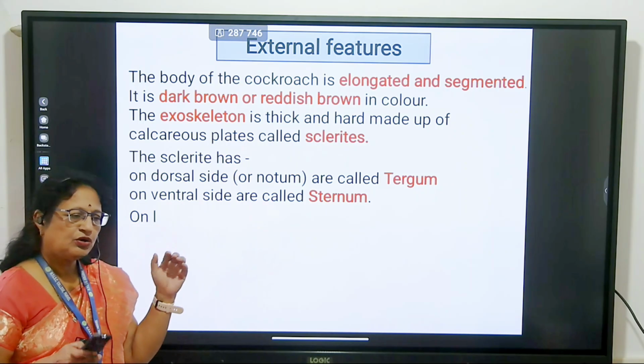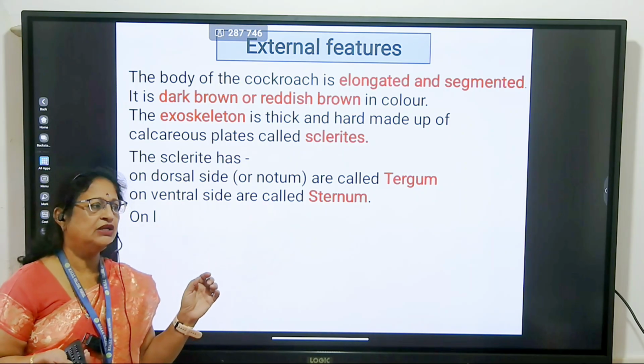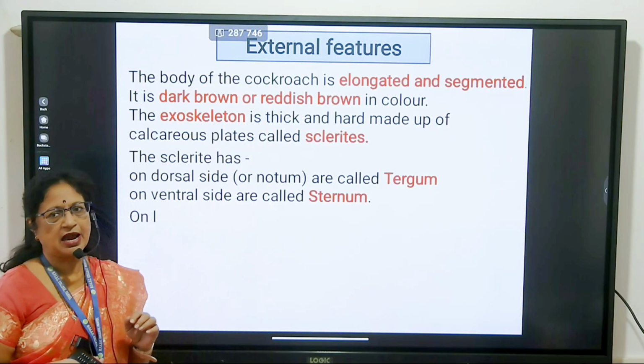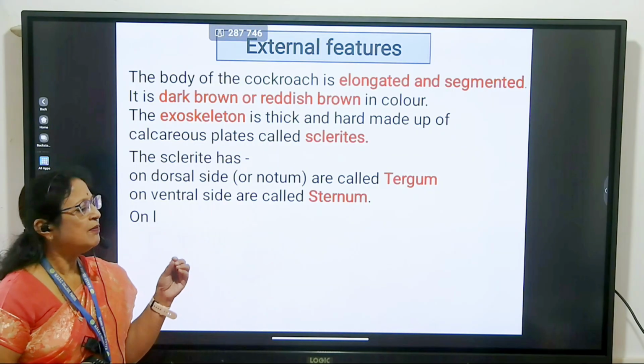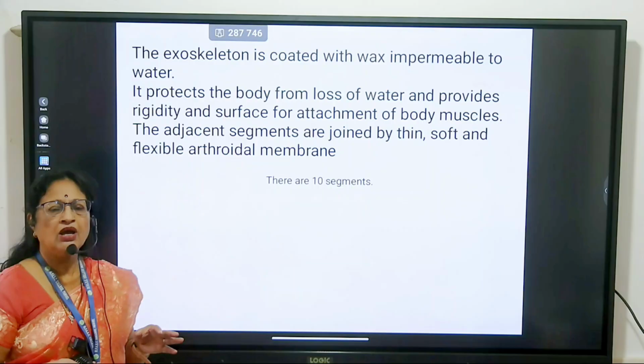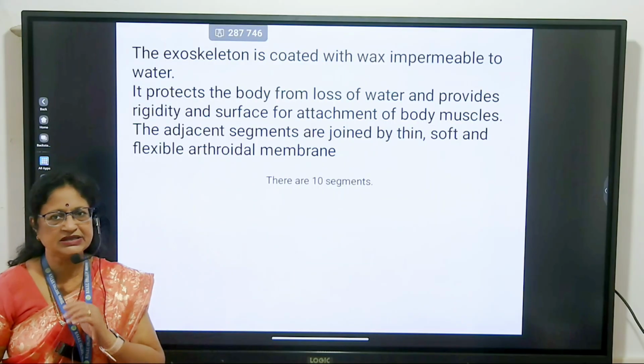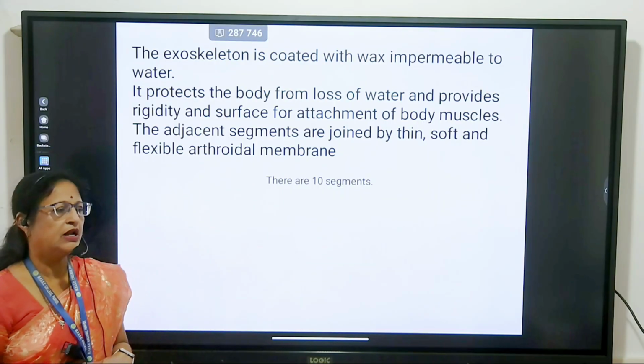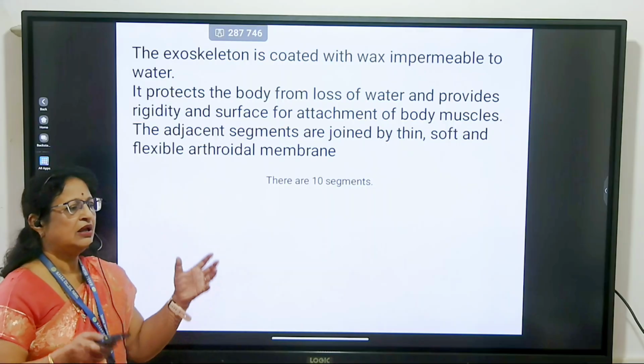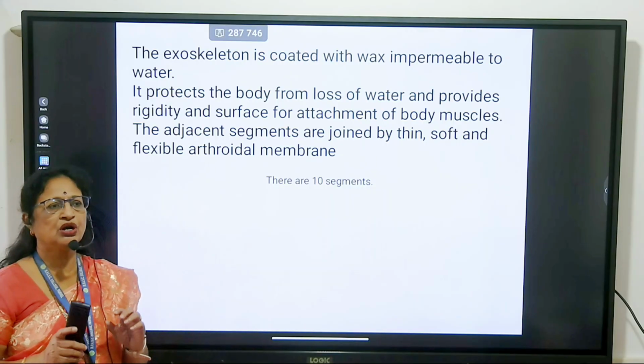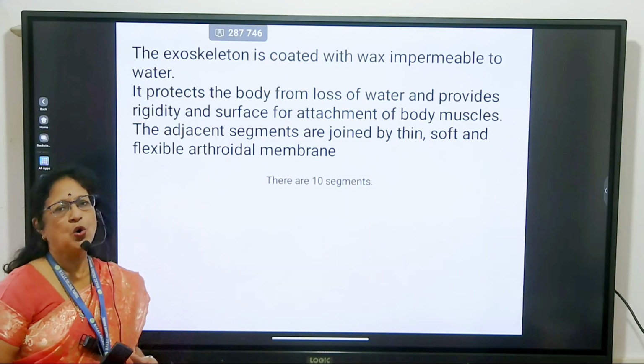Then two plates present on the lateral side are called pleuron. So overall there are 6 plates in the exoskeleton. These plates are all fused with each other, forming a whole structure.